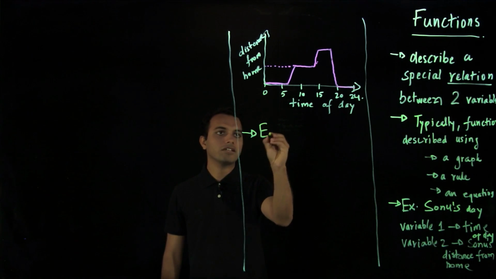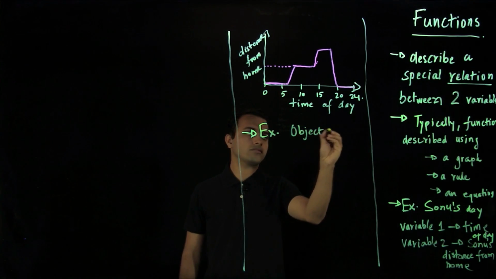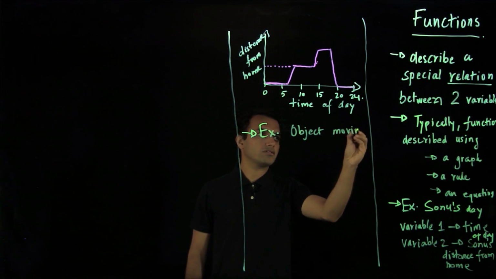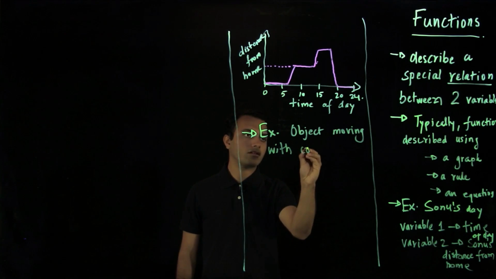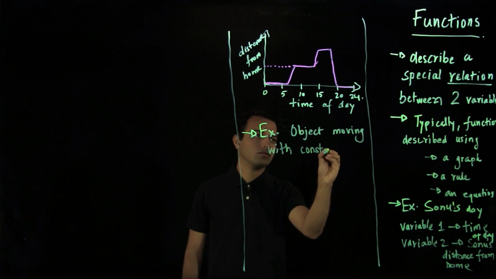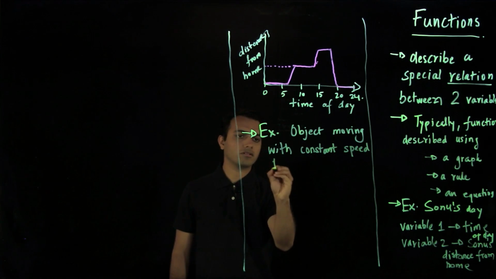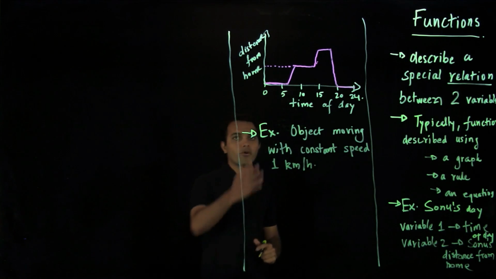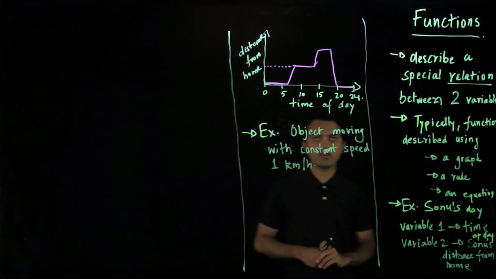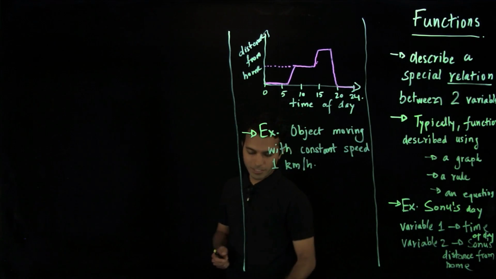So let's take another example. And if we want to draw a plot of the distance of this object from the starting point, it will be something very similar to this.